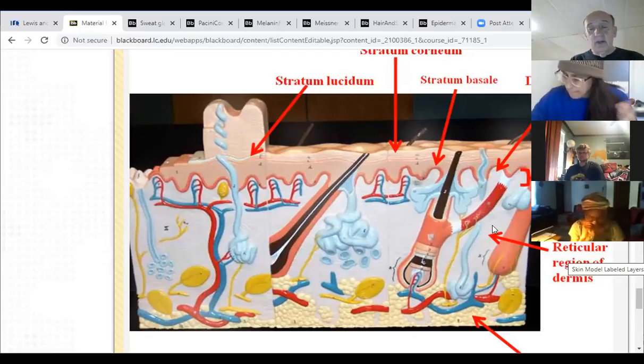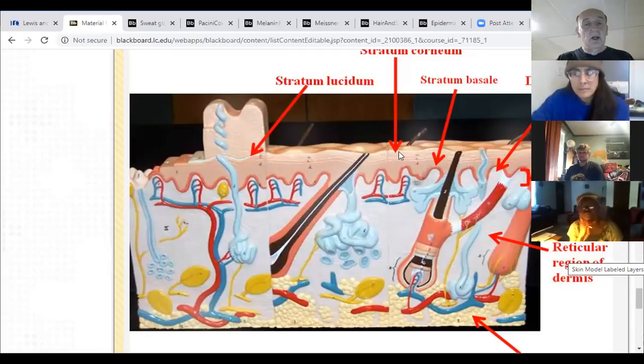In the first lab, we mentioned these directional terms, superficial and deep. This is why those directional terms come so handy for the skin, because this is the relationship between the strata or the relationship between the regions of the dermis. This is the best way to express that position.